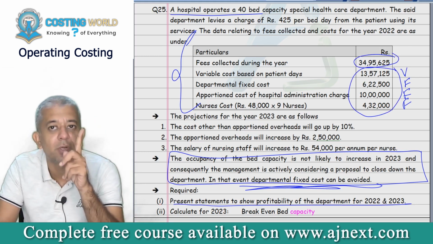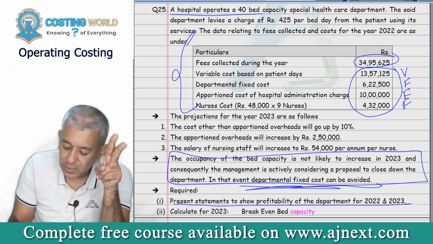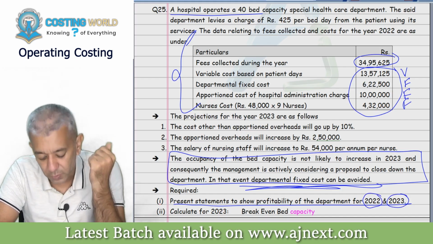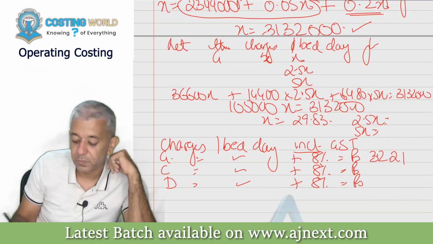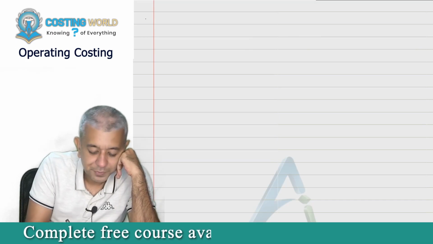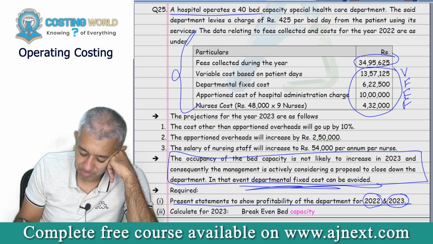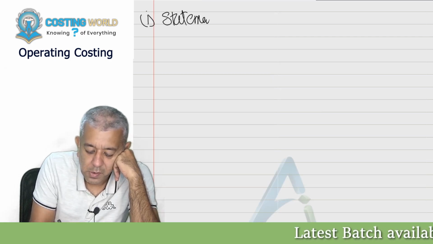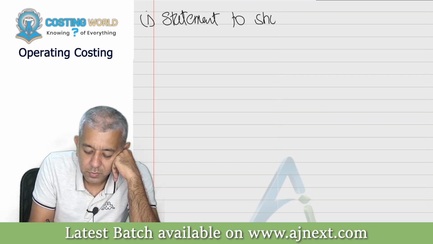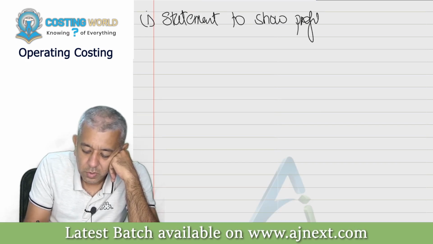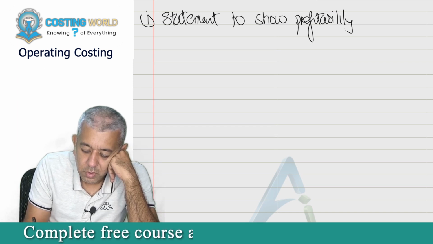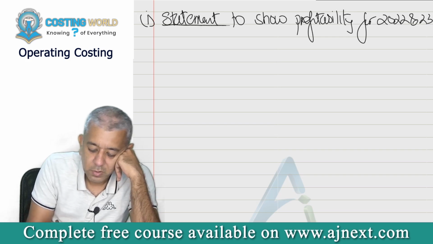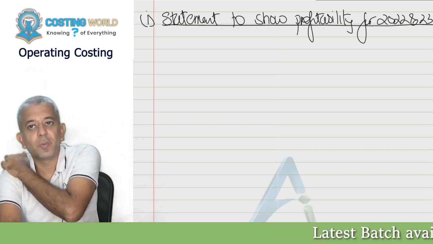But you got to be doing this particular work 2 times. How 2 times? One for 2022 and one for 2023. Okay, let's start to be doing that. You all write down. In one statement, we'll finish it off. Write down. Part first. Statement to show profitability for 2022 and 23.